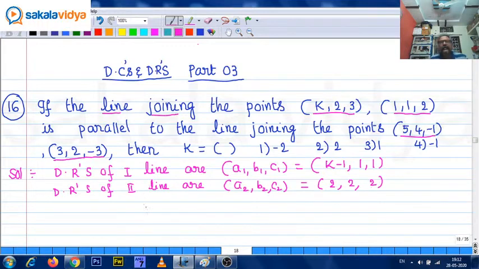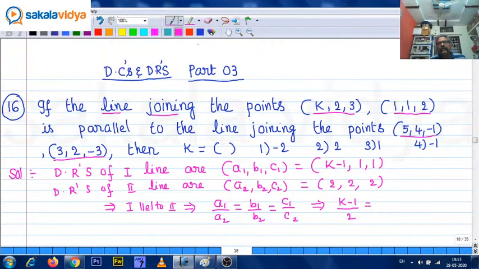Since they are parallel, that implies a1 by a2 equals b1 by b2 equals c1 by c2. So substituting the respective values, k minus 1 upon 2 equals 1 by 2. 2 gets cancelled. k minus 1 is equal to 1, k equals 1 plus 1, 2. So the second option is the right option.